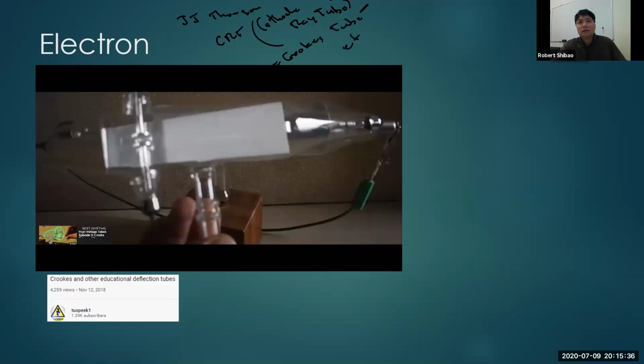Cathode ray tubes used to be used in televisions and that type of stuff. So, what is a cathode ray tube? It generated these mysterious cathode rays. Cathode rays turned out to be electrons, a beam of electrons. So cathode rays equal a beam of electrons. Let's take a look at this video here.